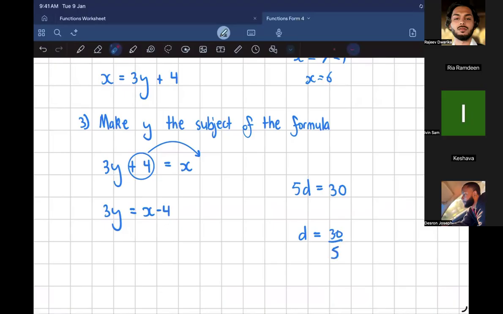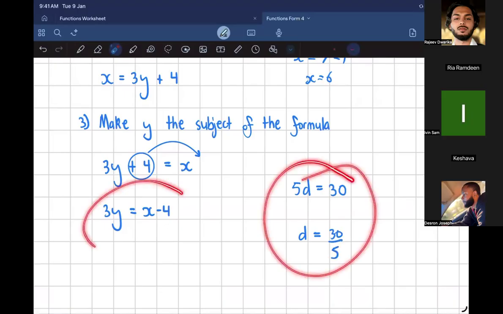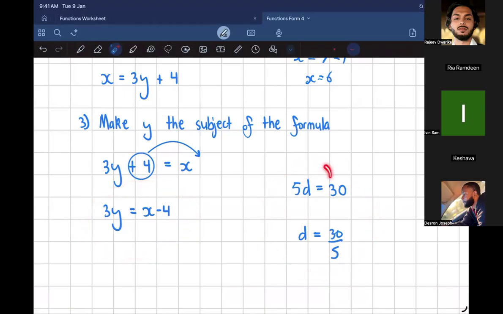Okay. How is this any different from this? It's the same thing. So yeah, over here, to find for 1 double, you divide by 5, right? Yeah. So to find for 1y, what do you do? It's the same thing.